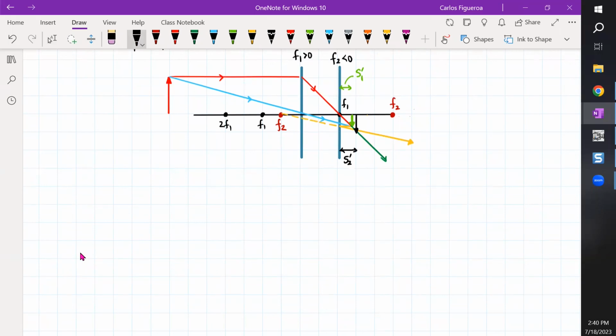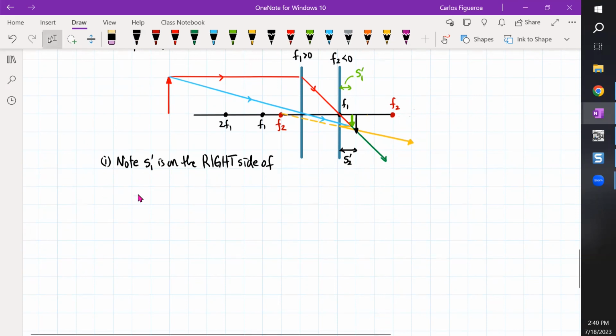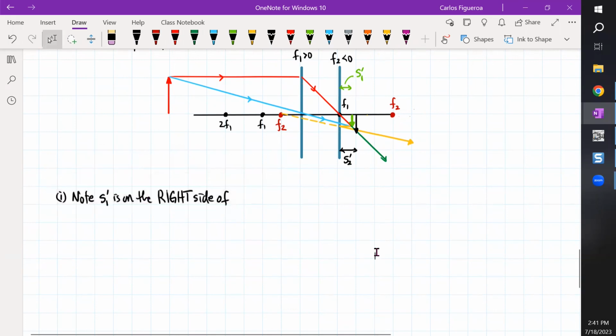So once again, the first thing that I would note here is that S1 prime is on the right side of lens 2.